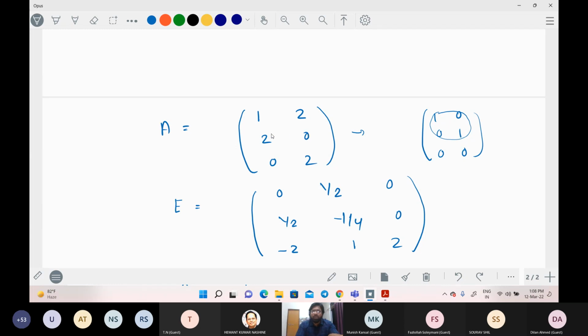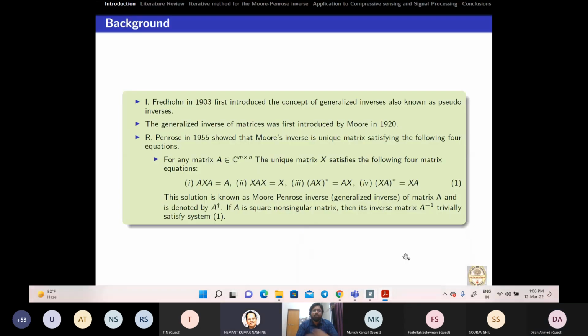For example, if I want to convert this matrix into normal form, I have to put 0 here and here. So I will apply a row operation like R2 goes to R2 minus something. Like Gauss elimination, you mean? Yes, right, row reduction with elementary matrices. Thank you. That's fine. Okay, next.